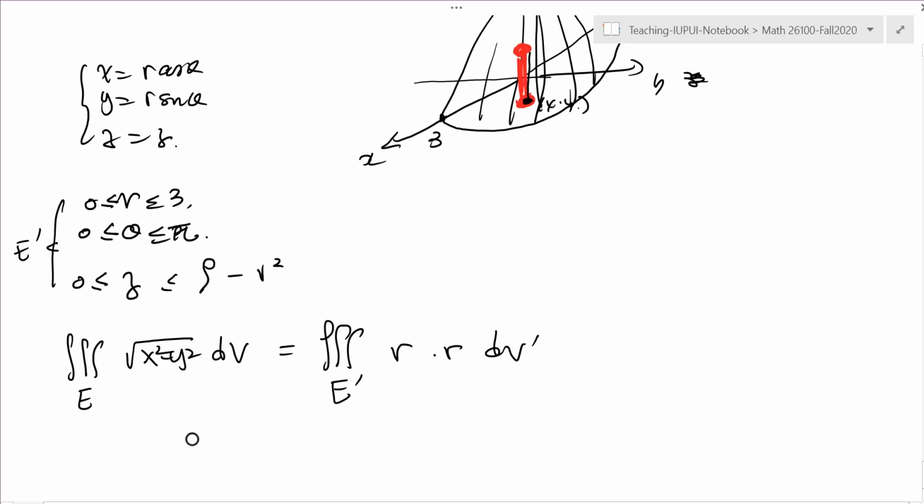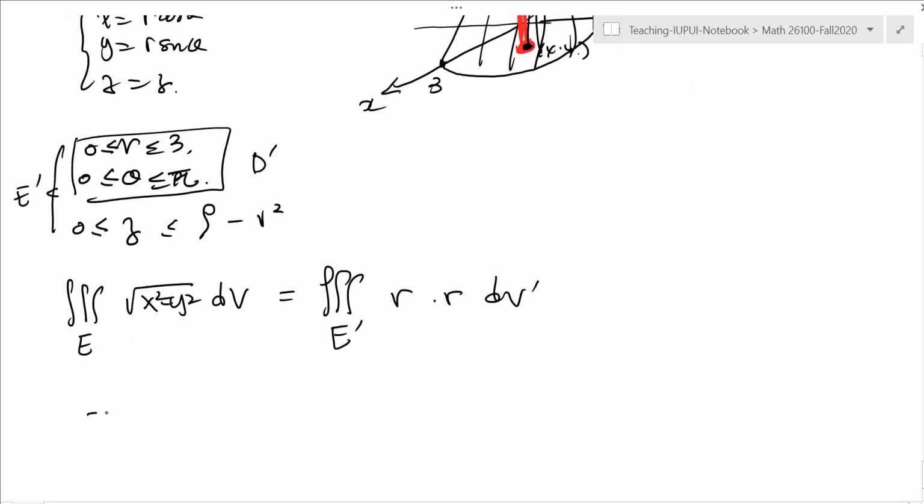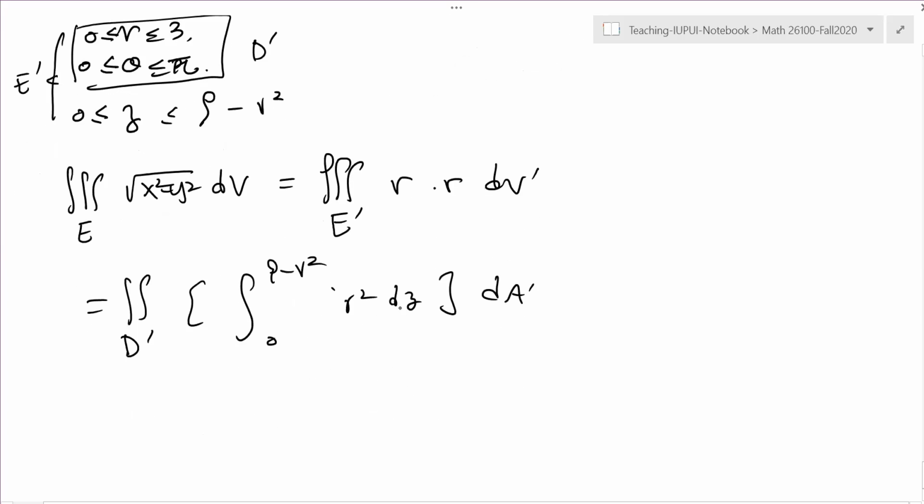The good part is this portion, this is D prime, a rectangle. And z is between 0 and 9 minus r squared. Here is r squared, dz, and here dA prime. And I can simply write r squared times 9 minus r squared, because it's constant.